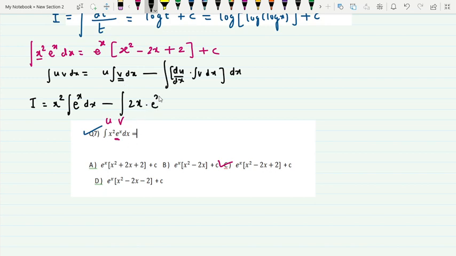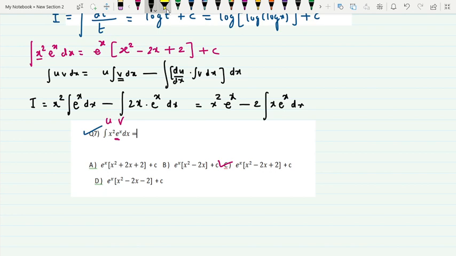This will be equal to x square e raised to power x minus 2 outside the integral sign, integral of x e raised to power x dx.